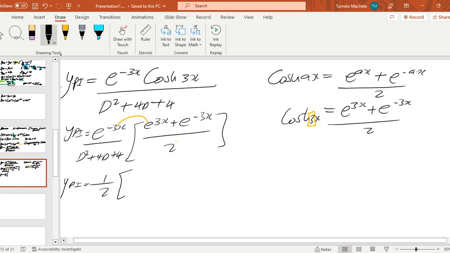So you just factor it out. That's the quickest way to do it. When you multiply e to the power minus 3x times e to the power 3x, multiplying powers of the same base, you add the exponents. So you're going to get e to the power 0 there. Then also divide the whole thing by D squared plus 4D plus 4. Then you're going to get plus e. When you multiply these two, you add the exponents, so you're going to get minus 6x. Then that's it.